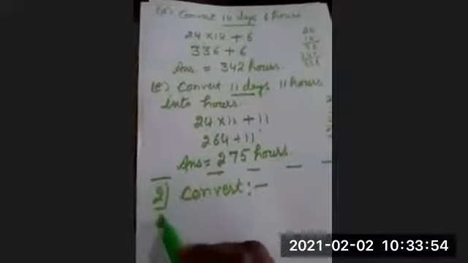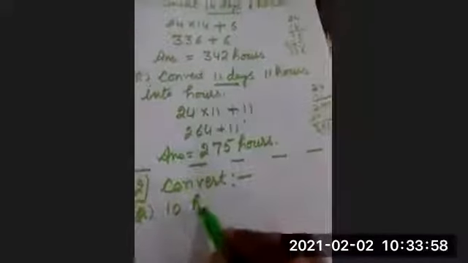Convert part A, 10 hours into minutes. 1 hour is equal to 60 minutes.